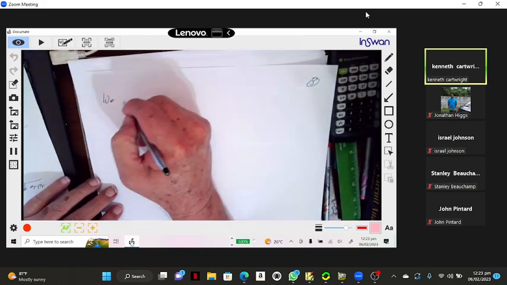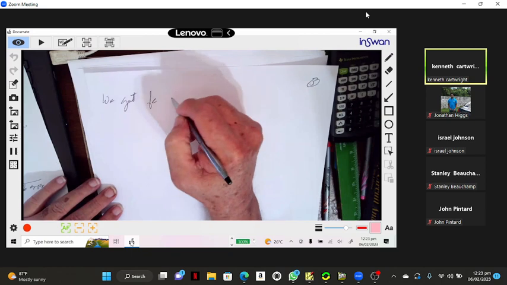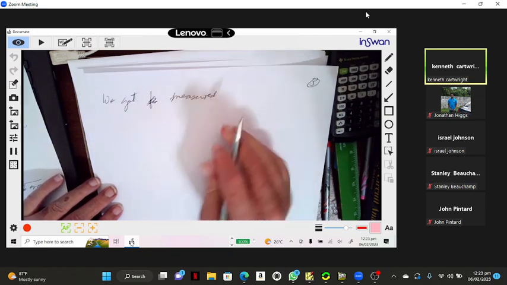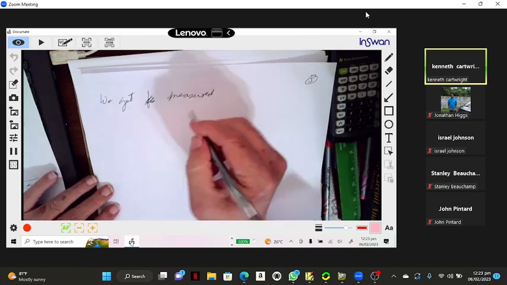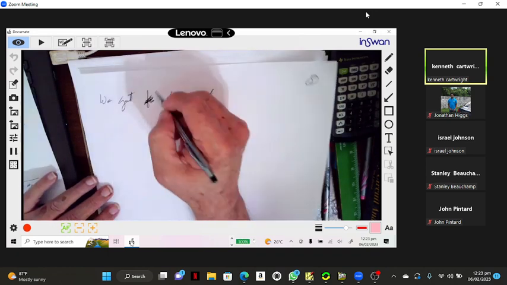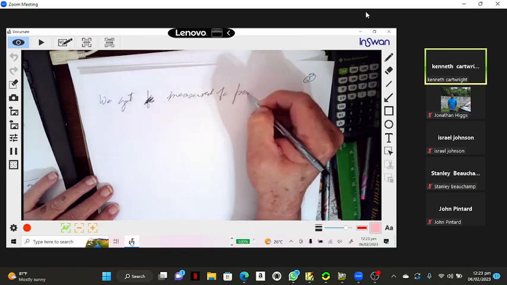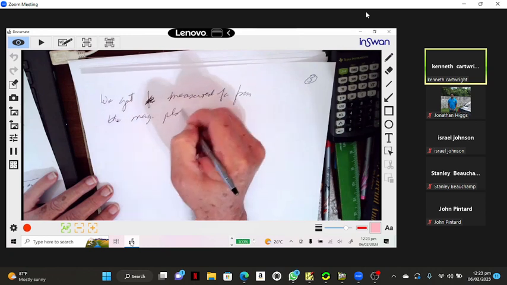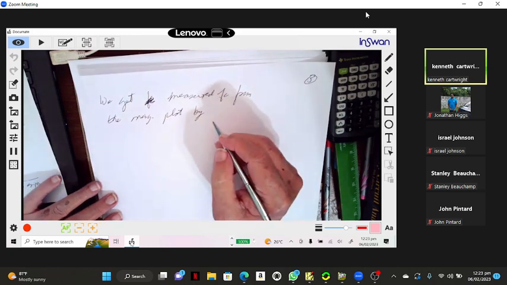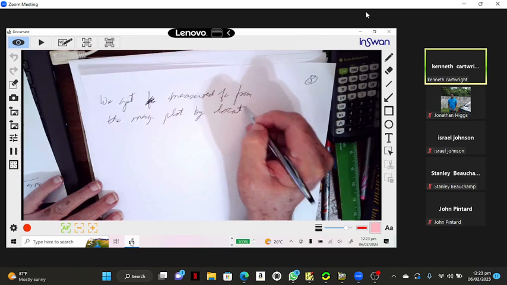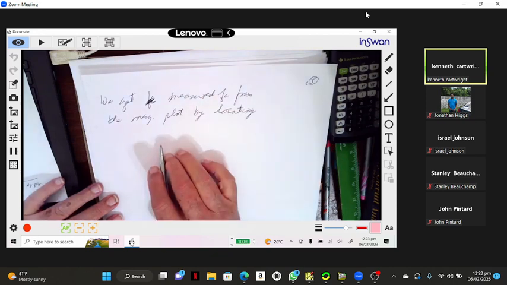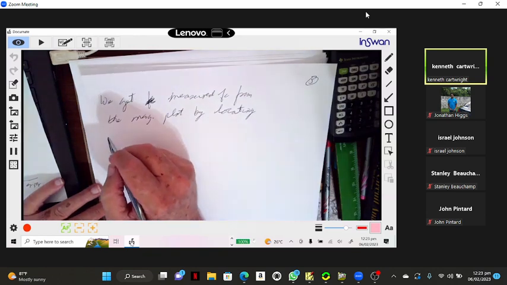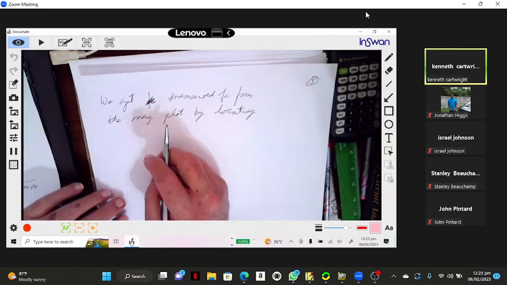Now, most of y'all did this right, but there were one or two of you who didn't. We get measured FC from the MAG plot by locating what magnitude? What magnitude did we have to locate?